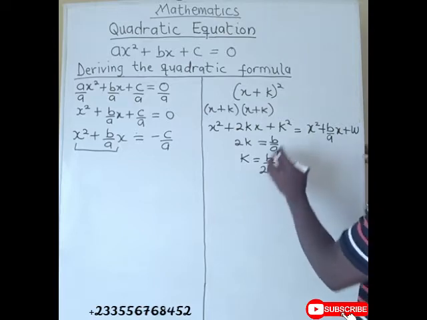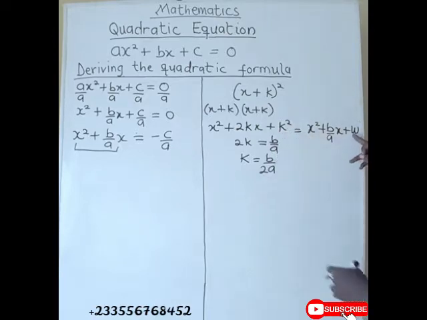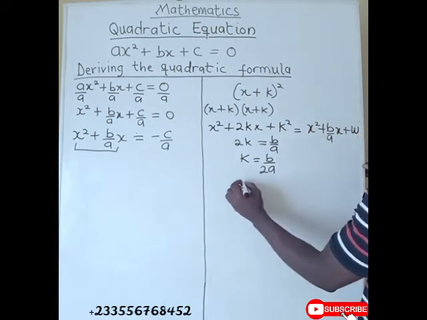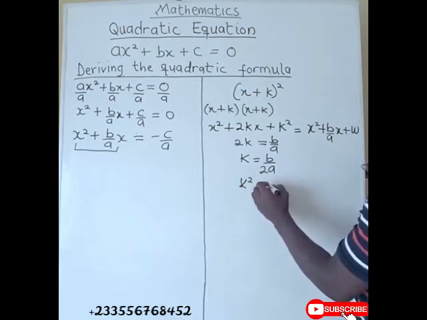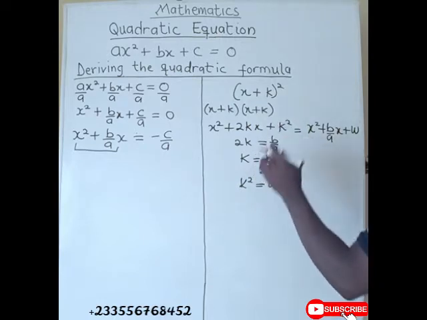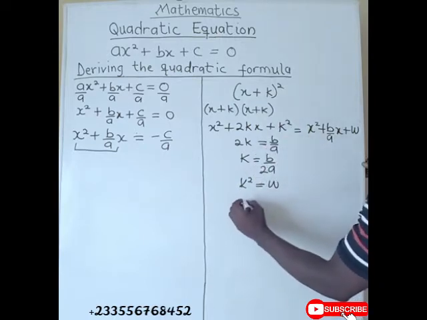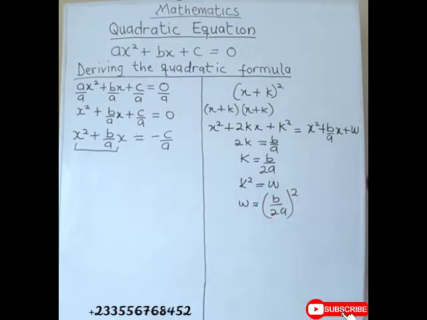Now the next step is that k squared is equal to w. But we know that k is equal to b over 2a. So w will now be equal to (b over 2a) all squared.